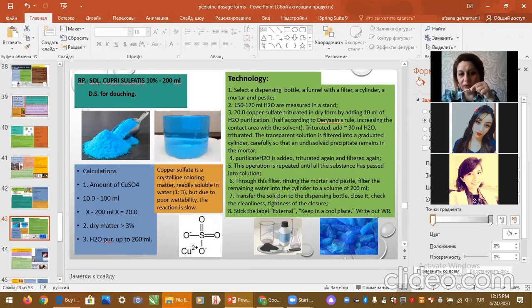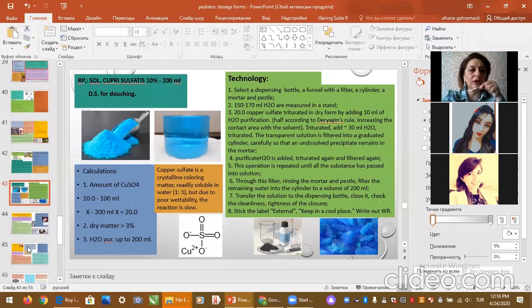Yes, teacher. Through this filter, rinsing the mortar and pestle, filter the remaining water into the cylinder to a volume of 200 milli. Transfer the solution to the dispensing bottle, close it, check the cleanliness, tightness of the closet, and stick the label external, keep in a cool place, and write out our worker recipe.